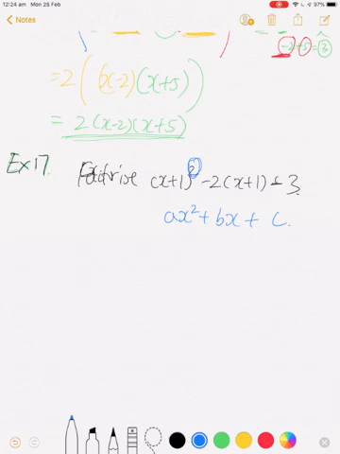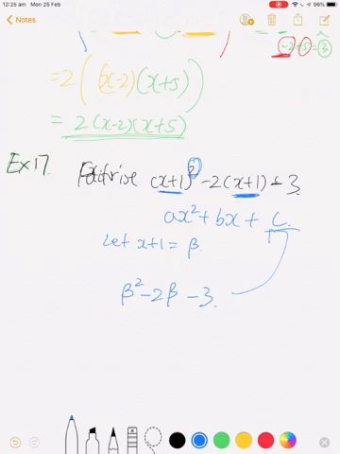And here we can see that if we let x plus 1 equal to beta, then you'll have beta squared minus 2 beta minus 3. It looks exactly like your quadratic form.